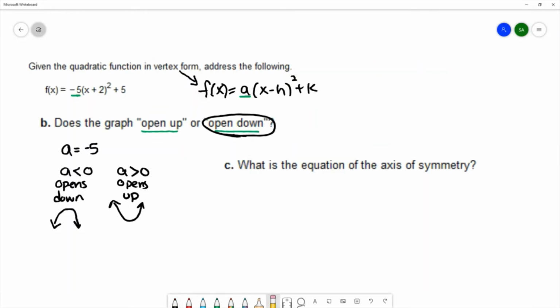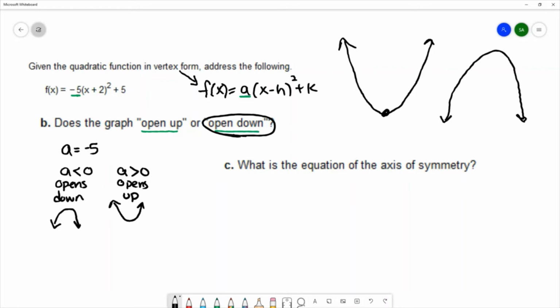And the last question related to this function is, what is the equation of the axis of symmetry? Now when we have a parabola that either faces up or down, so here's an example of opening up, and here's one of opening down. These parabolas have symmetry around the vertex.